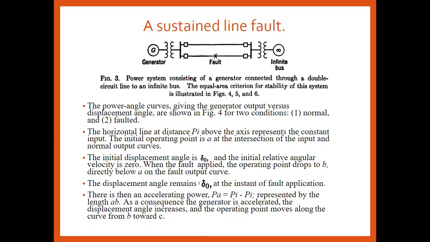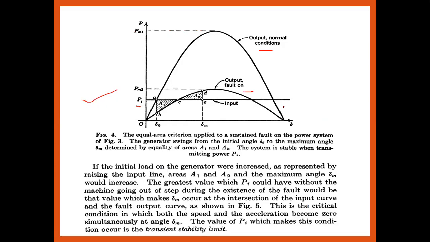What does a sustained line fault mean? It means the fault is always on the circuit. The horizontal line at distance Pi above the axis represents a constant input. That is, there is a constant input on the power curve, call it Pi or Pm. This is the mechanical input to the generator.